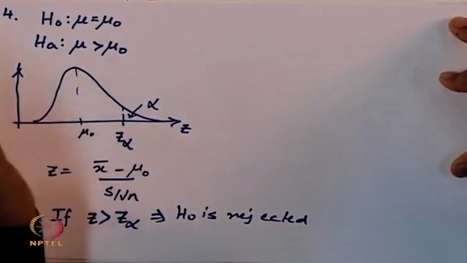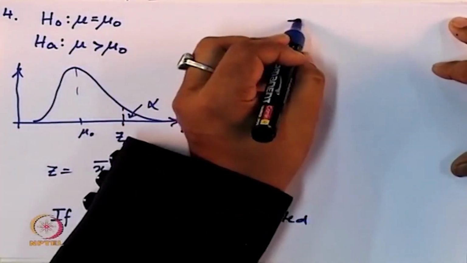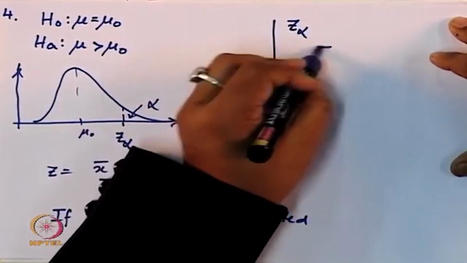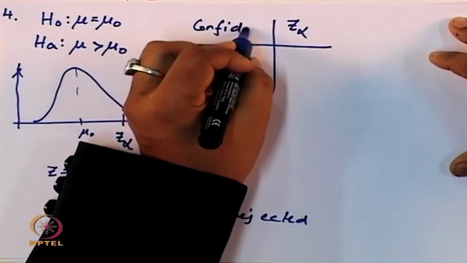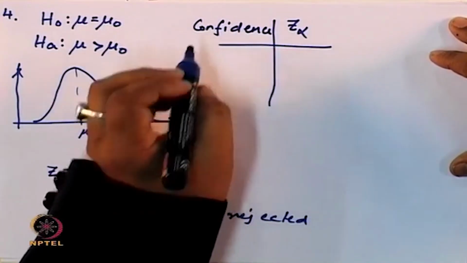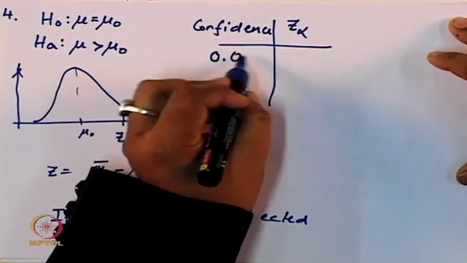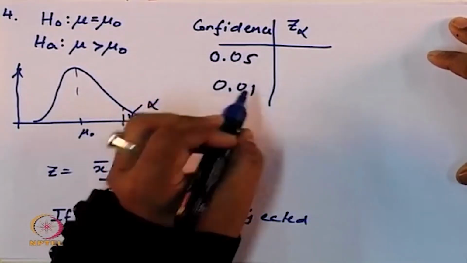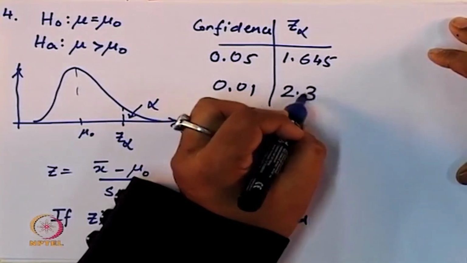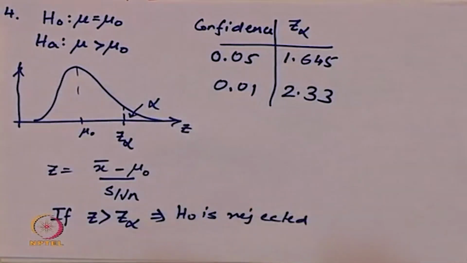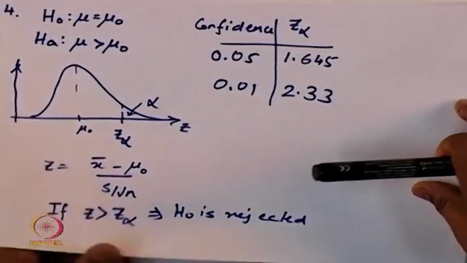The corresponding values of Z alpha for a one tail test, for 0.05 and 0.01, are 1.645 and 2.33. So these are the one tail and the two tail tests.